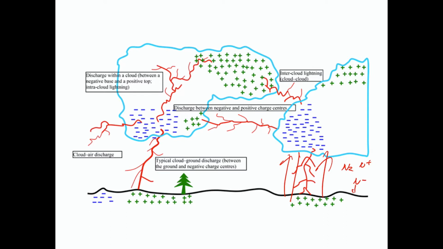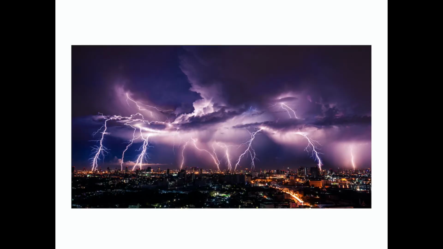The negative side goes here, the positive side goes up. So this is a flow of electrons. Sometimes it's the electrons, so it can be a mix of electrons and ions. This is a striking, beautiful image of lightning.